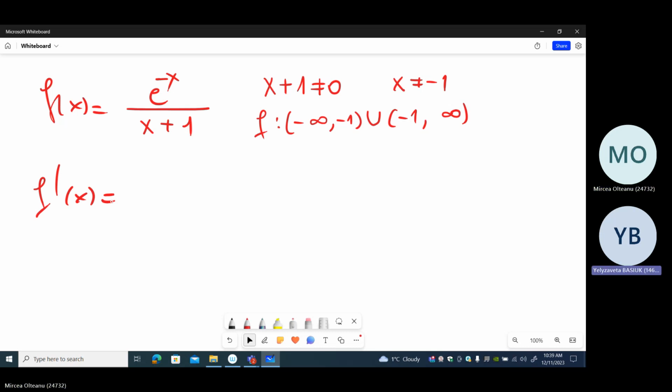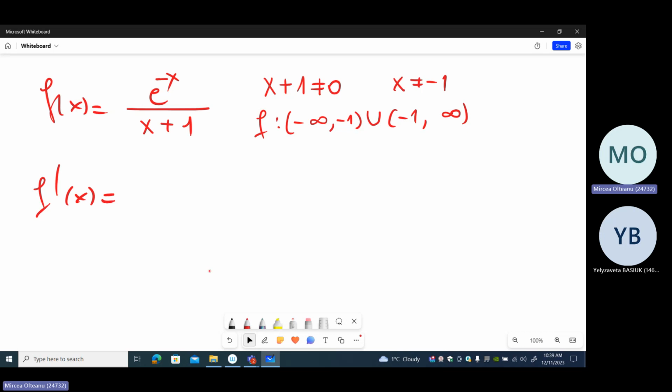It will be x times exponential to the power of minus x plus 2 exponential to the power minus x, divided by x plus 1, all to the power 2.